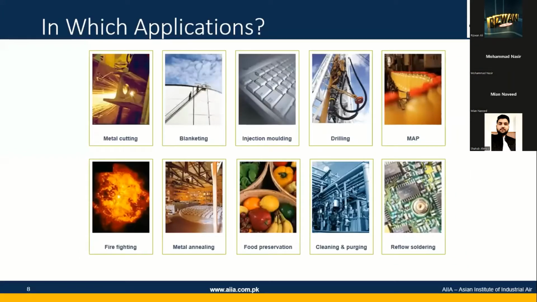Now, let's have a look at the applications in the industry. Right now, there are so many applications in which nitrogen is used, like metal cutting. In blanketing, we are using the nitrogen, like injection molding, drilling. You are using it in firefighting, metal annealing, food preservation.